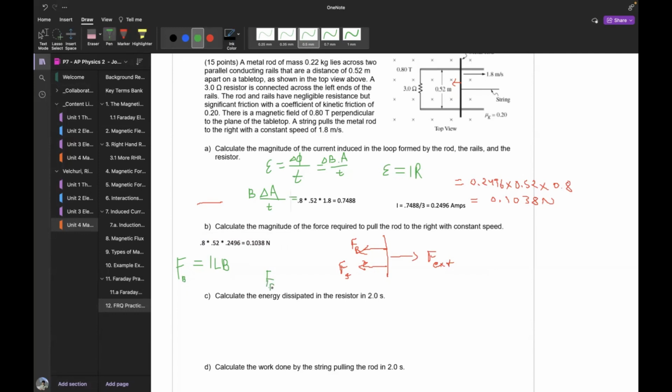So friction is given by mu times the normal force. Normal will be equal to mg, mass times gravity.